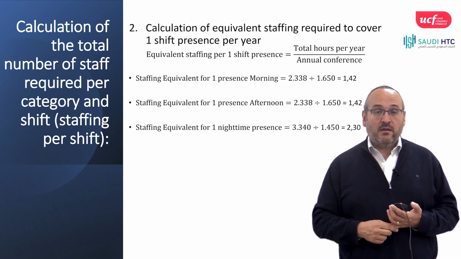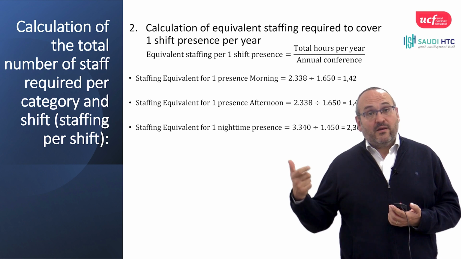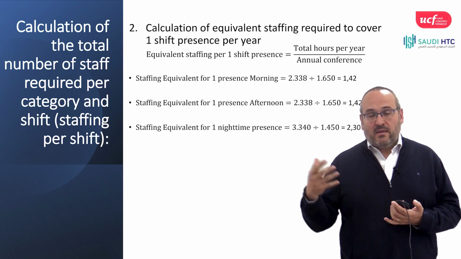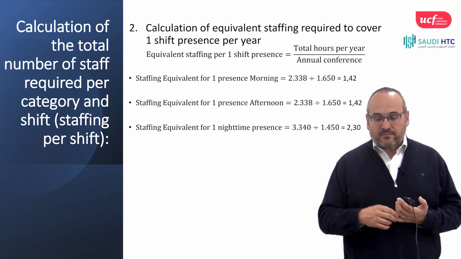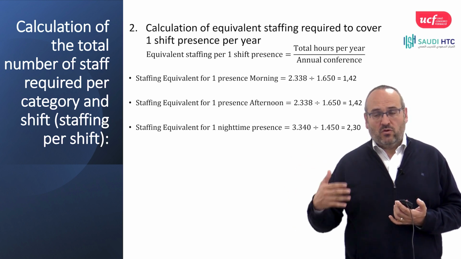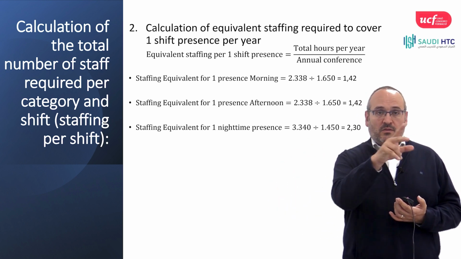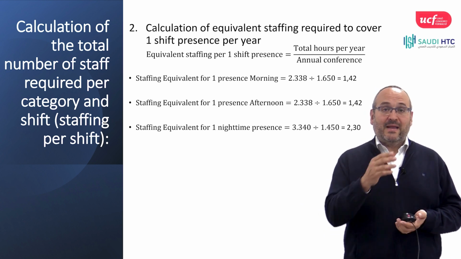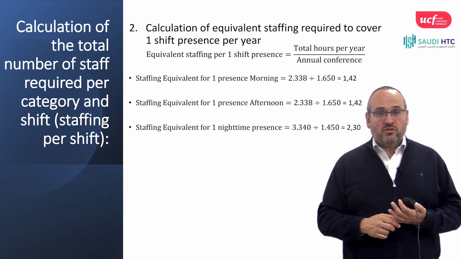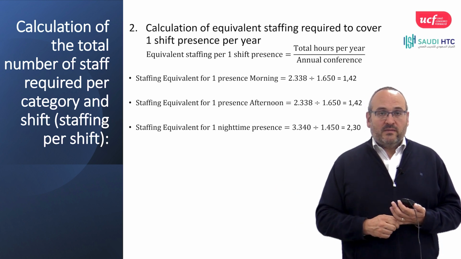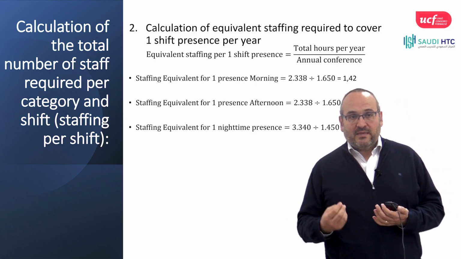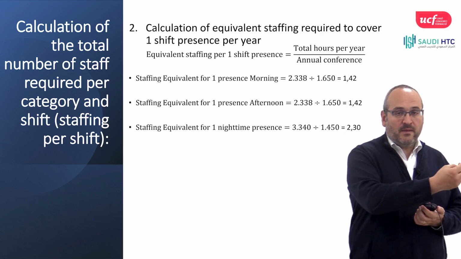With this information, we have to relate and obtain the number of professionals we will need to cover all those hours. This is as simple as dividing the number we have just obtained by the annual working hours of each professional. We have mentioned that there are 1,650 hours of work per year in a morning or afternoon shift.